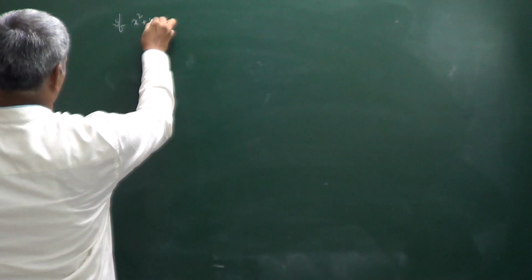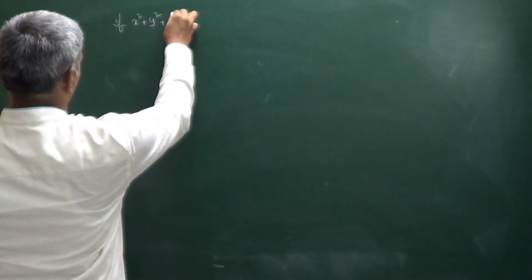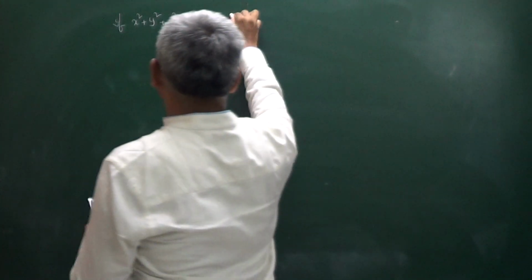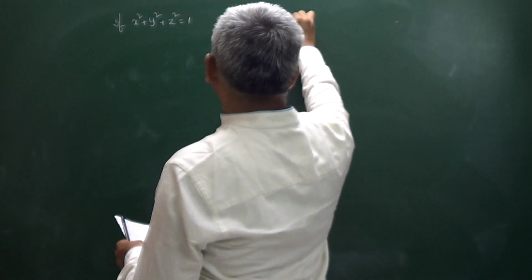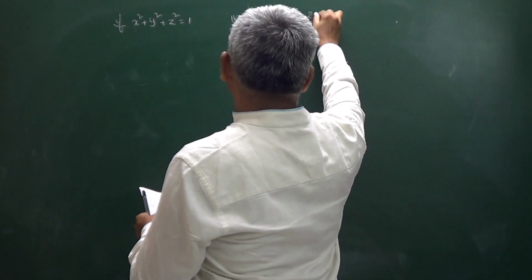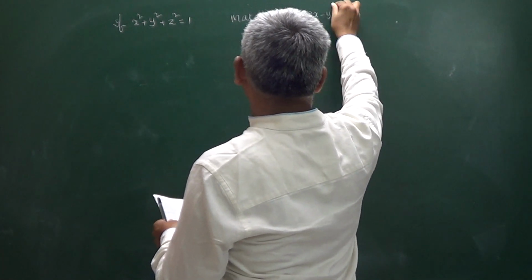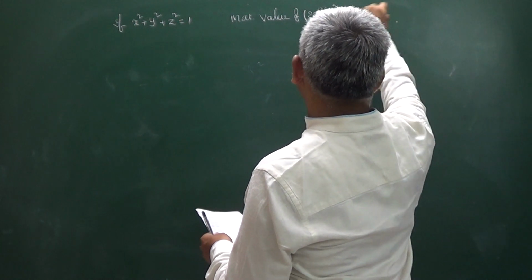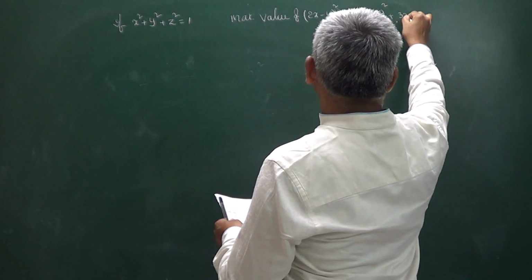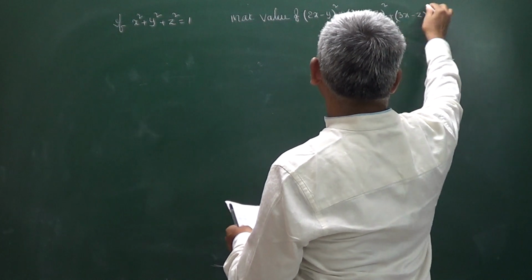Next one, the question is given like this. A very beautiful question. If x square plus y square plus z square is equal to 1, then he is asking the maximum value of (2x minus y) whole square plus (3y minus 2z) whole square plus (3x minus z) whole square.